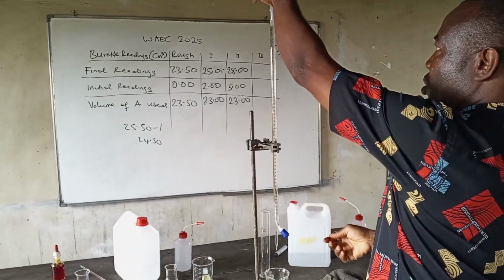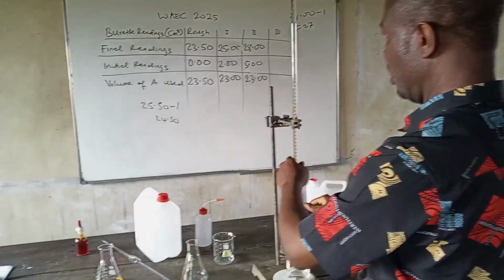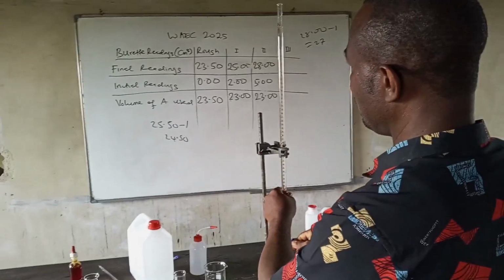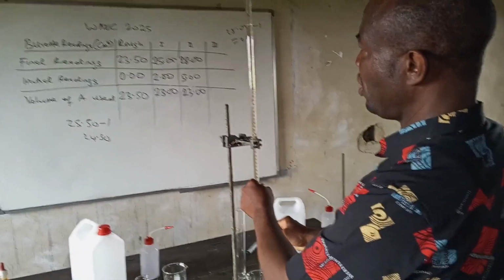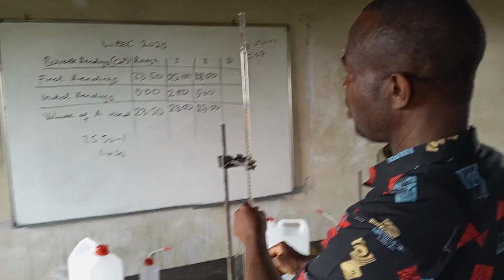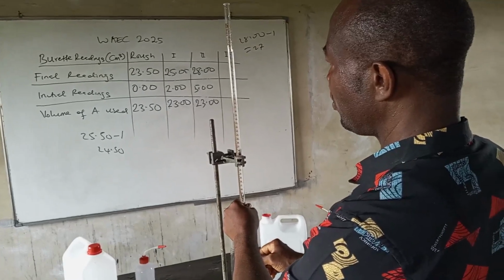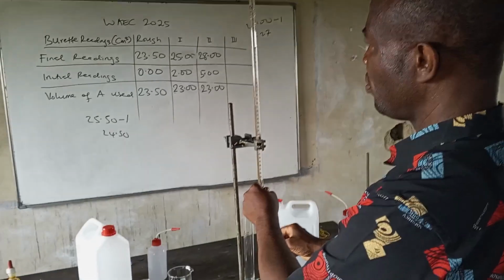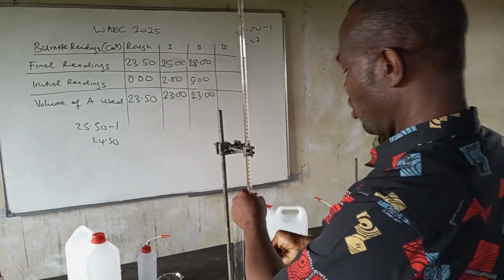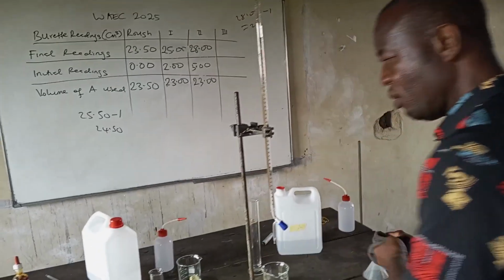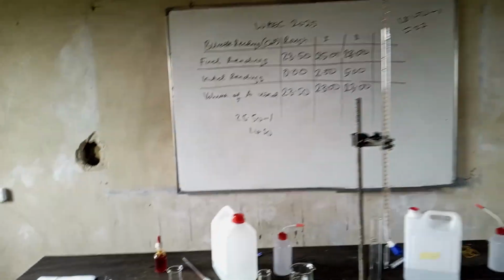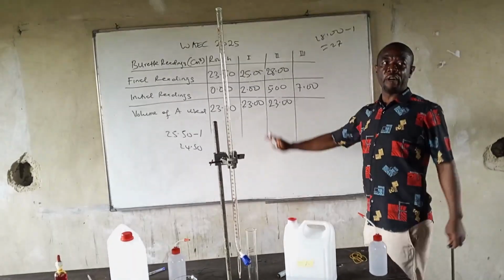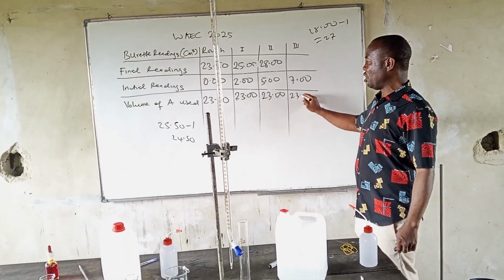So I have to reduce the level below the funnel, and then you can move it down to around 7 cm. Okay, so that is it. We now have initial here 7.00. So if this is correct now, where do you expect the final to change?